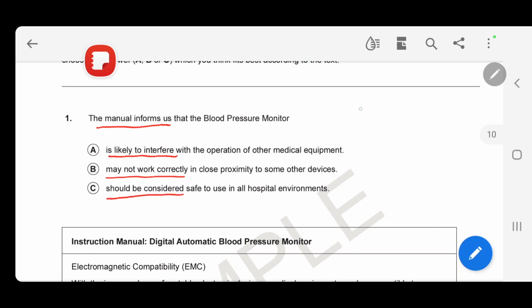You can see this part of the statement is almost the same in both. Likely and may can be considered the same thing. However, in this part of the statement, medical equipment and other devices are different from each other. Close proximity has not been mentioned in option A. And should be considered safe is a totally different thing, right?